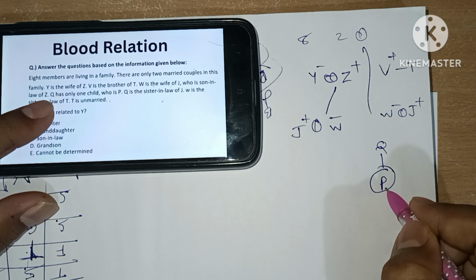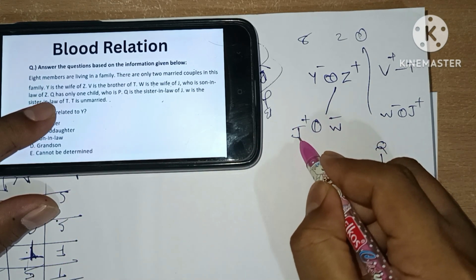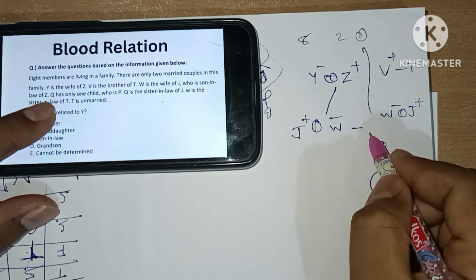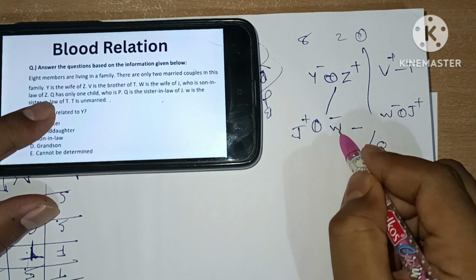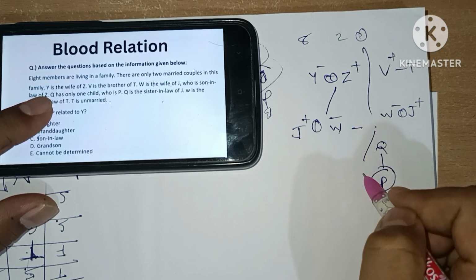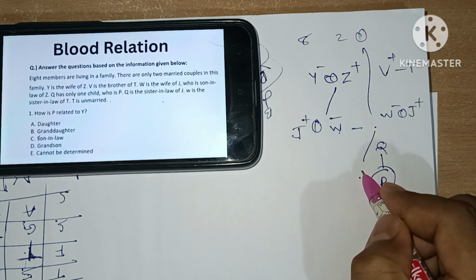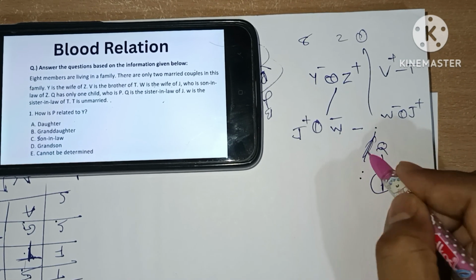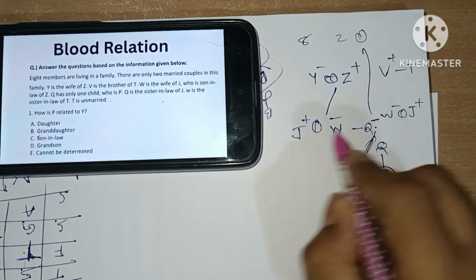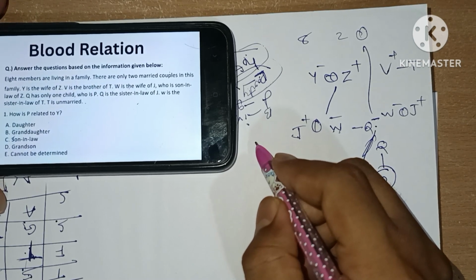Q has a child P. Q is the sister-in-law of J. Means either the co-sister of W is W's sister, maybe Q, which is a sister-in-law, or else J has a brother and his wife must be Q.